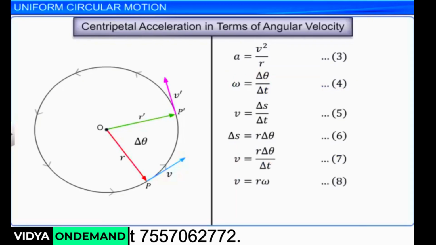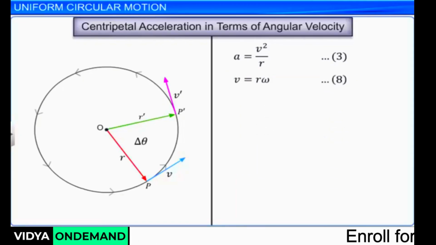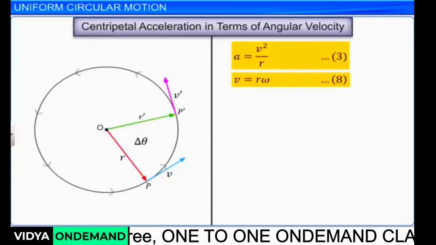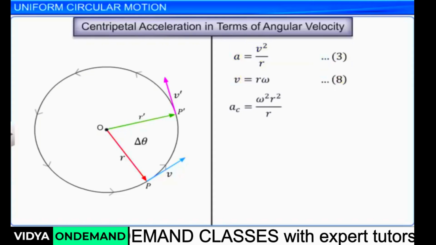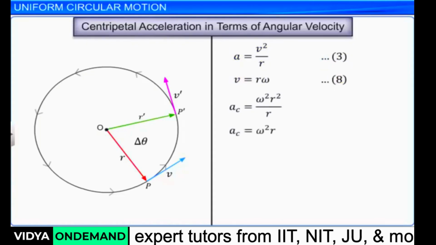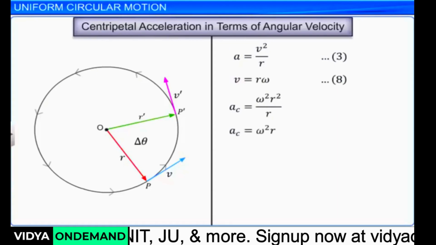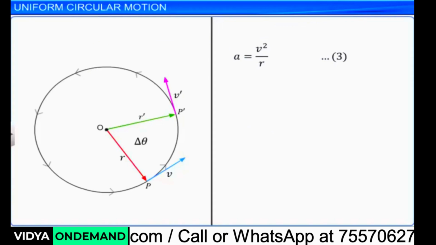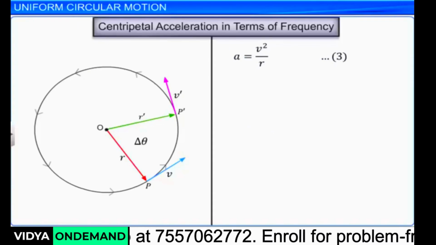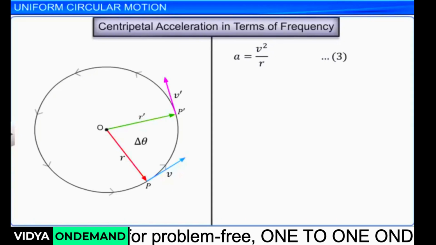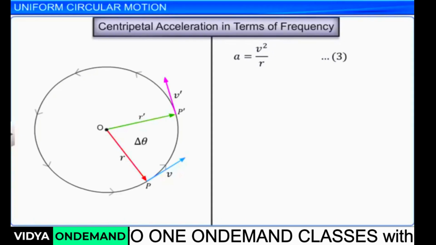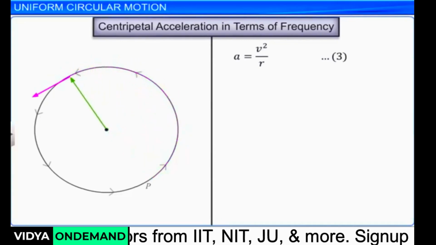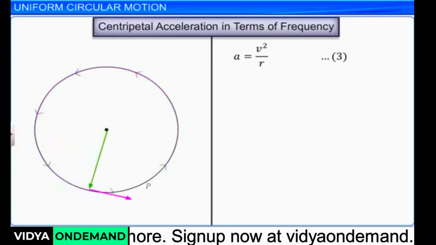Now let us find the centripetal acceleration in terms of frequency. Time taken to make one revolution, that is, time period, is T. Frequency, f, is the number of revolutions in 1 second. Therefore, f is equal to 1 by T. Distance moved by the body in one revolution is equal to 2 pi r.